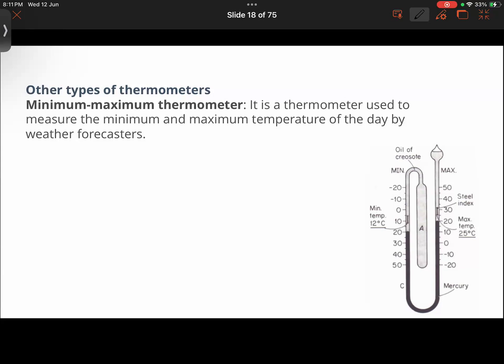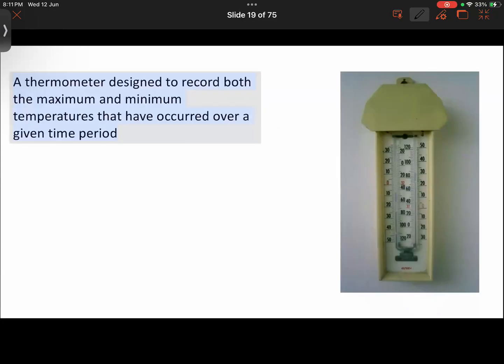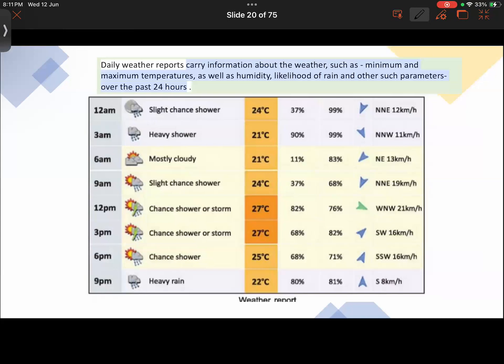So, in weather forecasting, you would have seen a weather report like this being published. If you read newspapers or watch weather forecasts, or even on your smartphones nowadays, weather forecast updates are available. There you would have the temperature throughout the day, the humidity, the direction of flow of wind, the speed at which the wind will be flowing, the chances of rainfall, and whether there will be a storm.